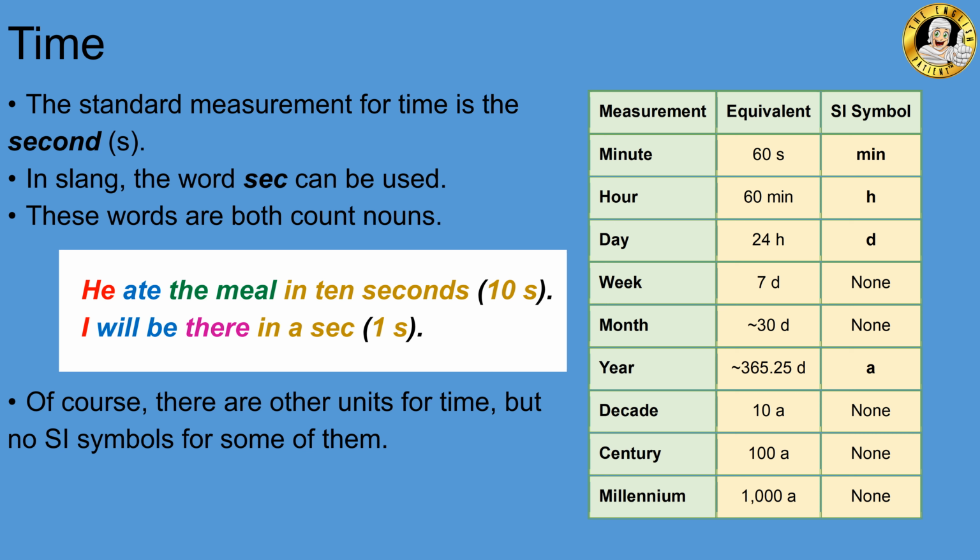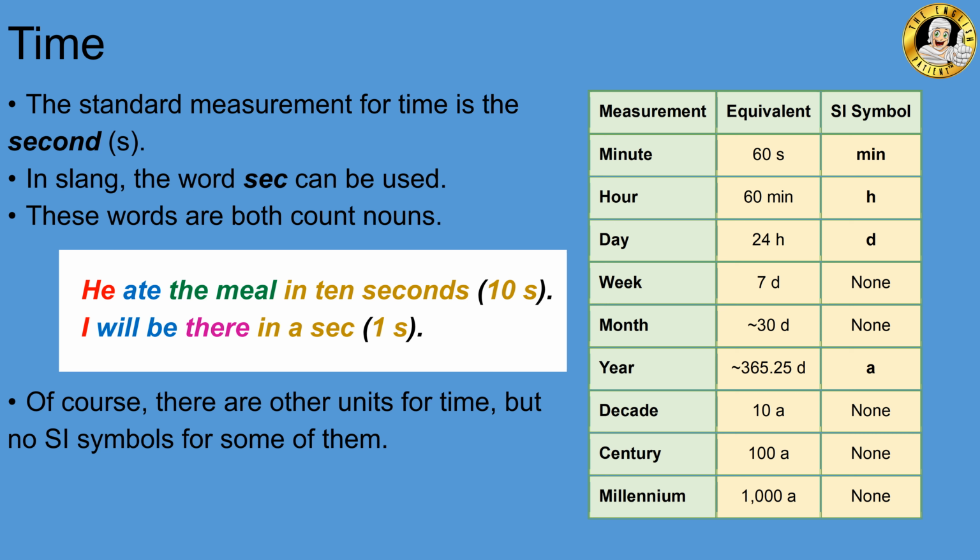For day, this would be 24 hours, and the SI symbol is a small case d. For a week, this would be 7 days, but there is no SI symbol for this. And also for a month, some months are 30 days, some months 31, and some even less than that. So there is no SI symbol.